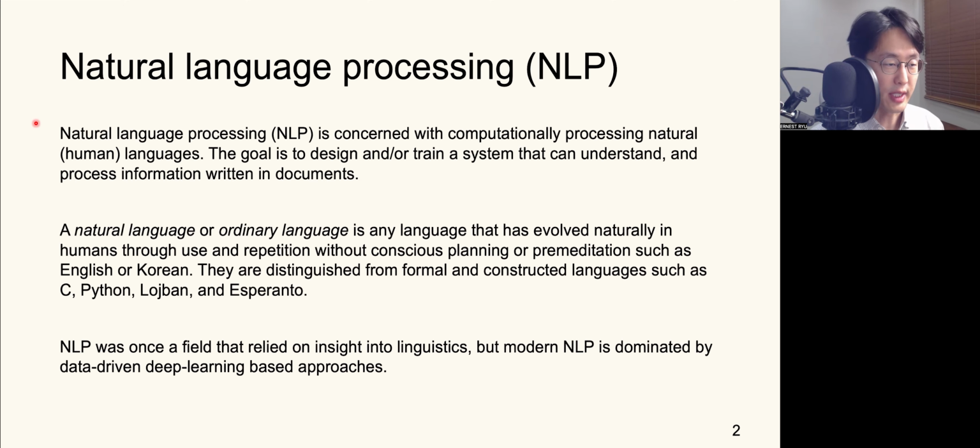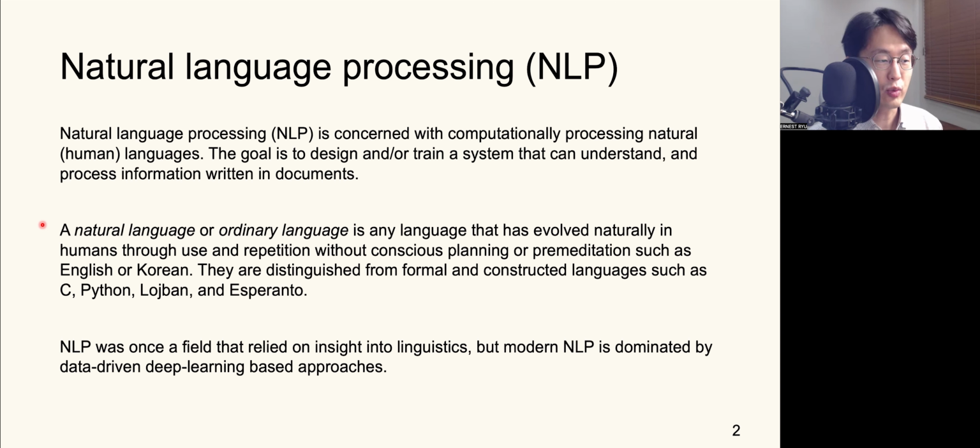Natural language processing, abbreviated as NLP, is concerned with computationally processing natural human languages. The goal is to design and/or train systems that can understand and process information written in documents, written in text. To clarify the terminology, natural language or ordinary language is any language that has evolved naturally in humans through use and repetition without any conscious planning or premeditation.